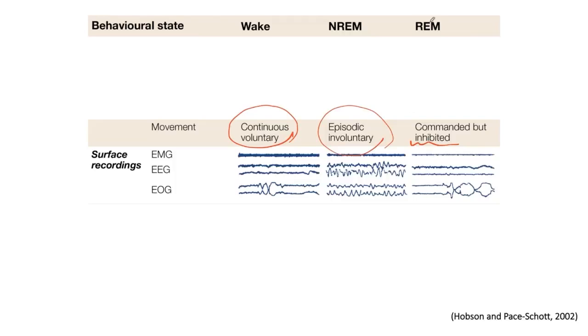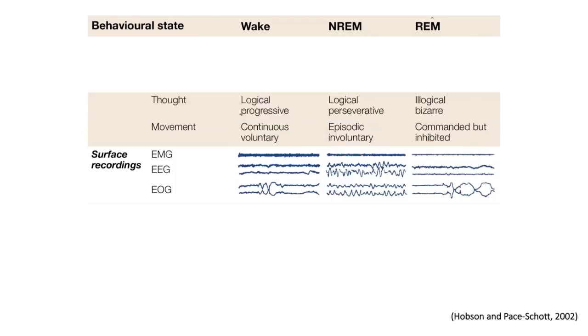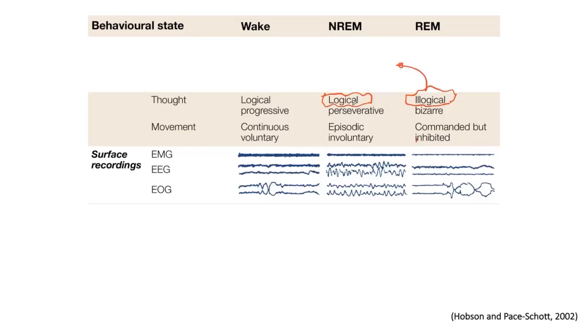In terms of thoughts, they would still be logical during non-REM, but they could be totally illogical in REM. That is the reason that when you wake up out of REM sleep, you can have totally illogical, bizarre memories of different things that happened during REM sleep. But during non-REM sleep, things are still in place.